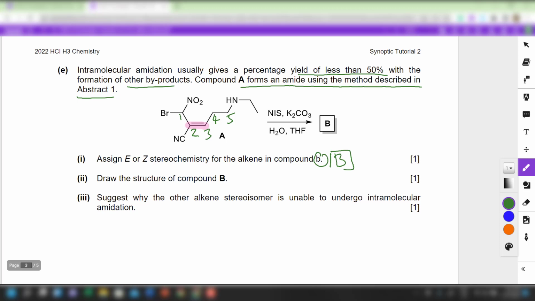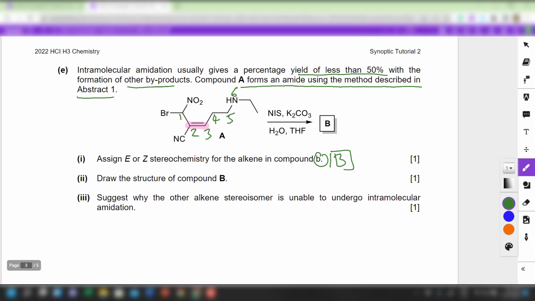Number 6 here will form the bond with carbon number 1, so it will be a 6-membered ring, so I'll number the nitrogen as 6. Then carbon number 1 will become the carbonyl carbon, with a C double bond O.